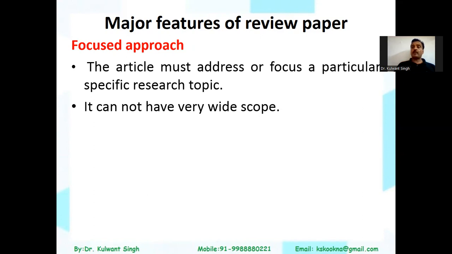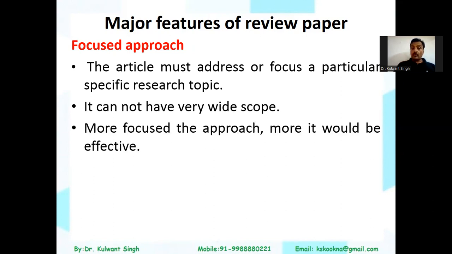The topic of the review cannot have a wide scope. The more focused the approach, the more effective it will be. It means if our review approach is better, then we can write an effective review paper.